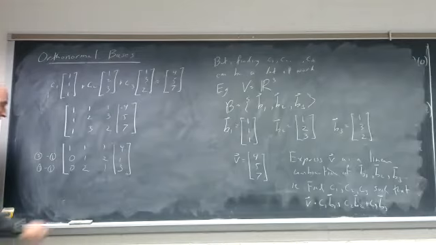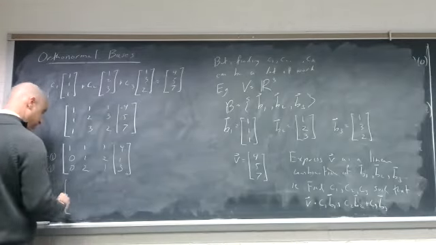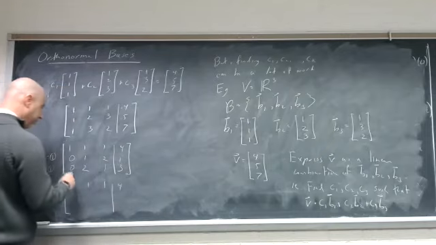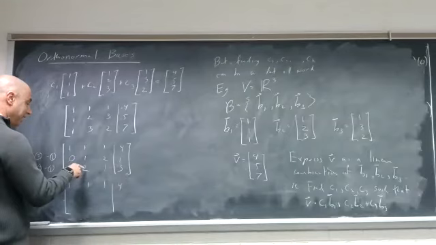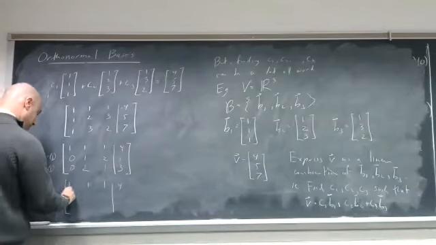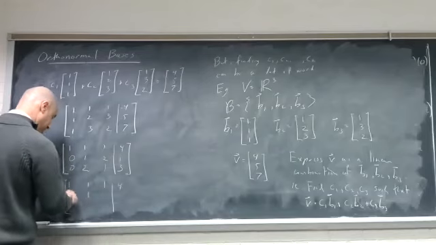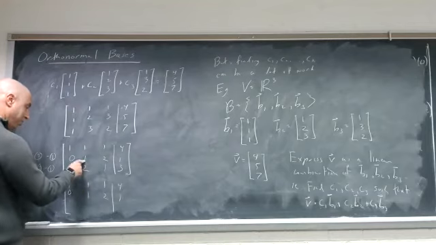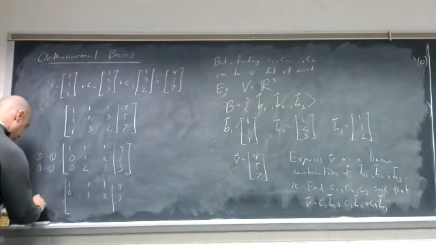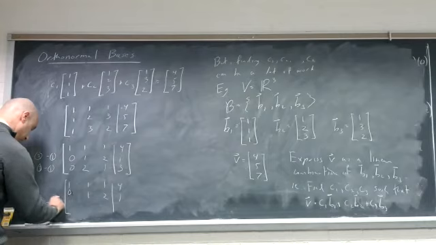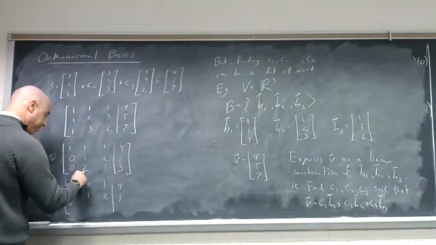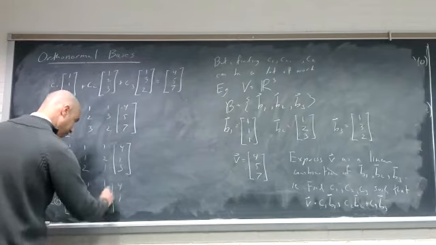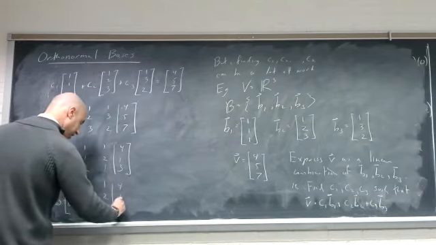I'll keep row reducing. So 1, 1, 1, 4. I need to get a 0 here. I'm going to take row 3 and subtract off 2 times row 2. So 0, 2 minus 2 times 2 is 0, 1 minus 2 times 2 is negative 3, 3 minus 2 times 1 is 1.